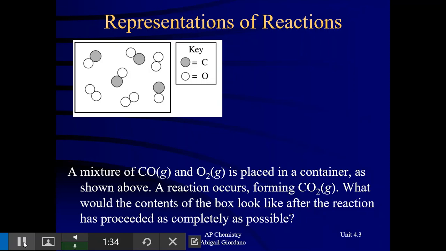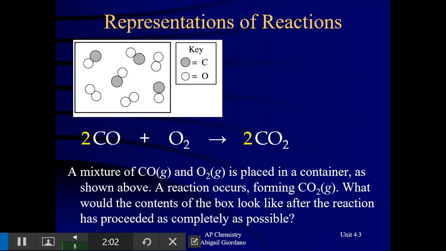What I would recommend doing, since they've told us what the reactants are and what the product is going to be, is to write out an equation and then balance it. So carbon monoxide plus oxygen gas yields CO2 gas. It's not balanced at the moment, so let's balance it.